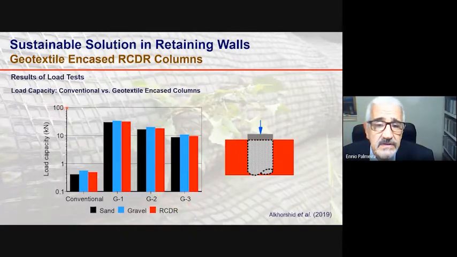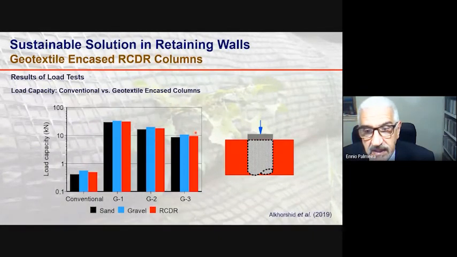It should be pointed out that this scale is a log scale, because here you have results for the conventional columns without the presence of the geotextile. The load capacity of the conventional column is much lower than those of the geotextile encased columns.